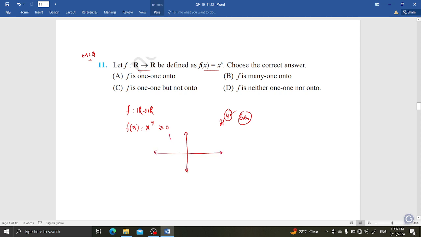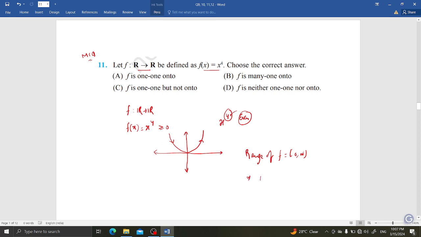So what is the range? The range of f is closed 0 to infinity, because it provides always non-negative values.